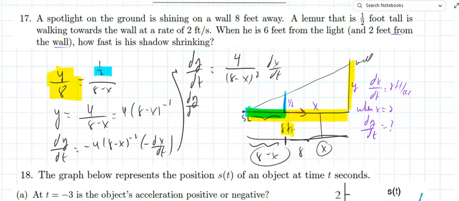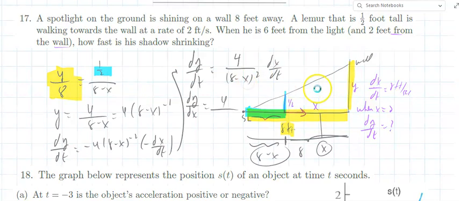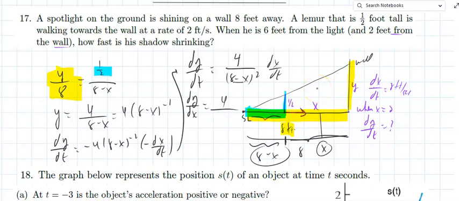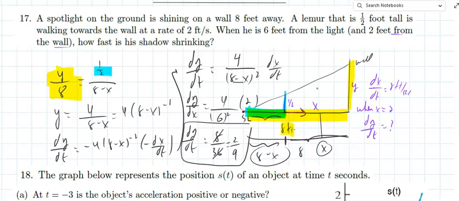And that is 4 over, x is 2, so 8 minus 2, that's 6 squared. And dx/dt we said was 2. So dy/dt is 8 divided by 36. Divided by 4, that's 2 over 9. And the units are feet per second.